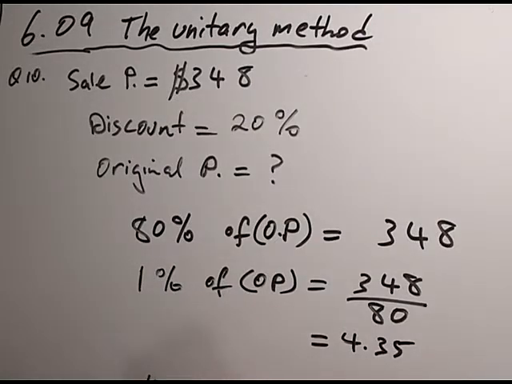So that means 100% of my original price is going to be 4.35 multiplied by 100. Move the decimal point 2 places to the right, my answer is going to be $435, and that is my original price.